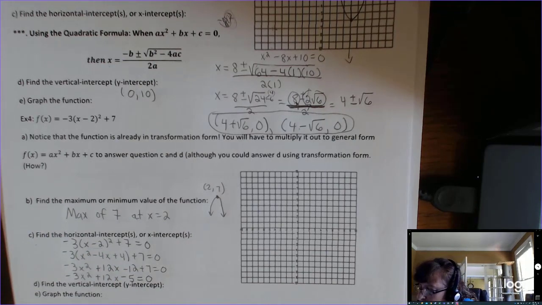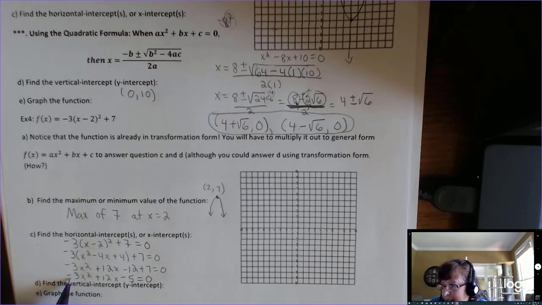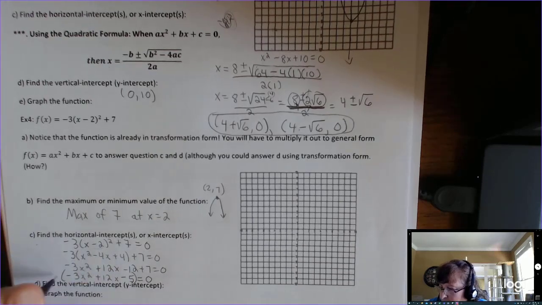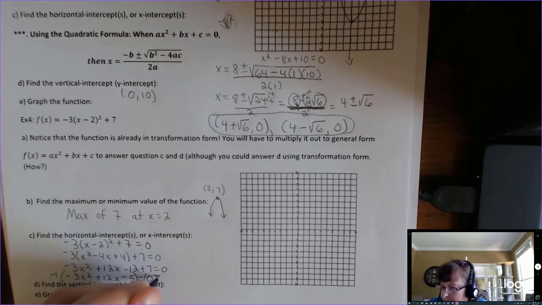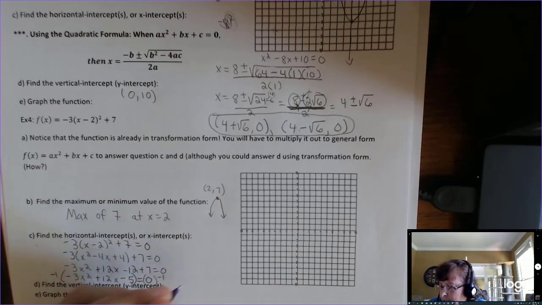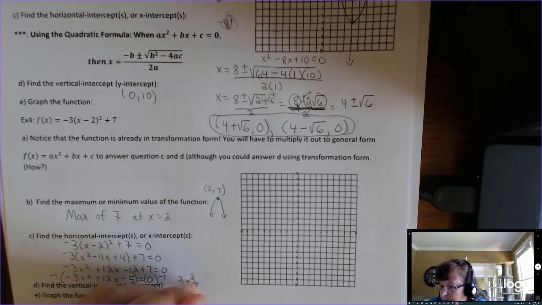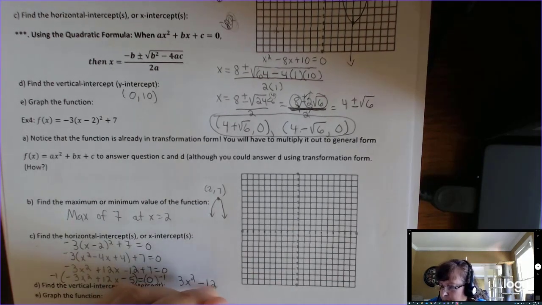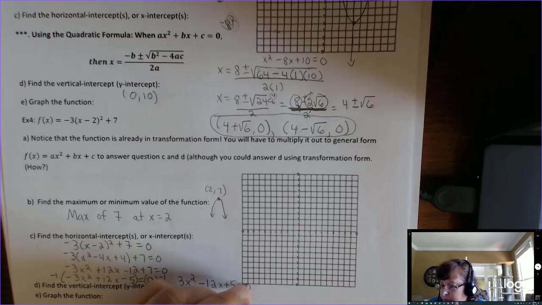Okay, now I know this is going long, but I do want to say one more thing. I'm going to use the quadratic formula here, and I do not like to use the quadratic formula when my a value is negative. So when my a value is negative, I'm going to just multiply both sides by negative 1. That's perfectly legal, and that'll become 3x squared minus 12x plus 5 equals 0.